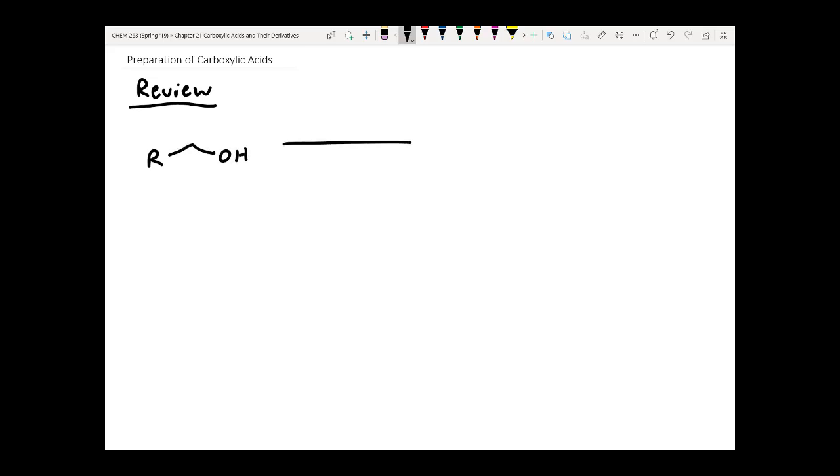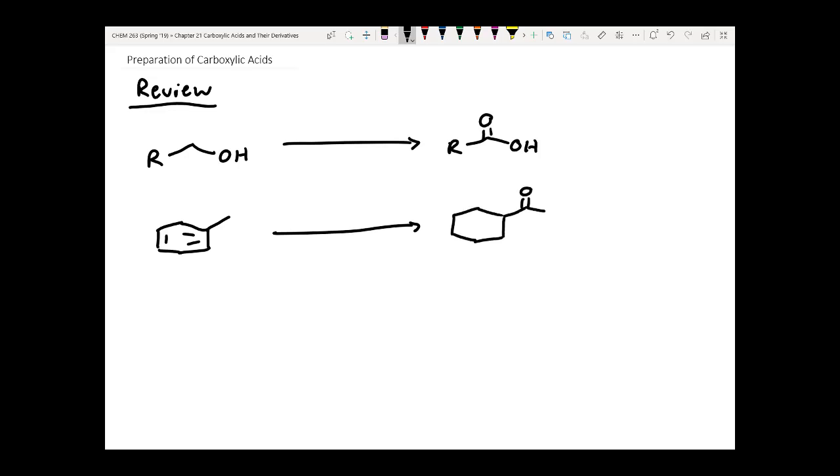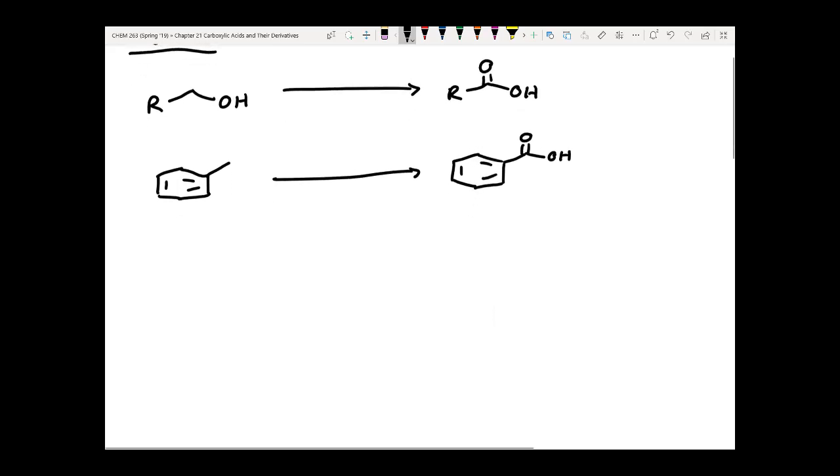So I'm going to write down these reactions. I want you to fill in what goes into the spot with the arrow. So this will be good review.